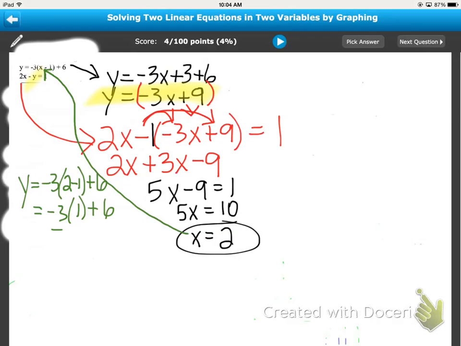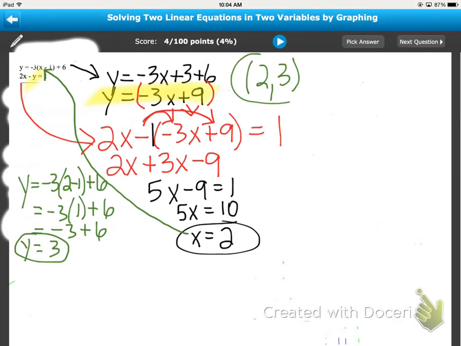So that's negative 3 plus 6, which is 3. So I now have a value for x and I have a value for y. And the last part is to check it. So you just simply take it and plug it back in to check. Now, we have the ordered pair. X is 2, y is 3 as our answer here.